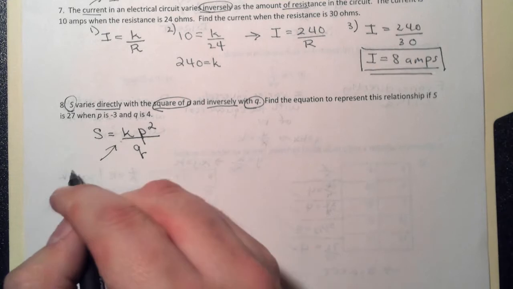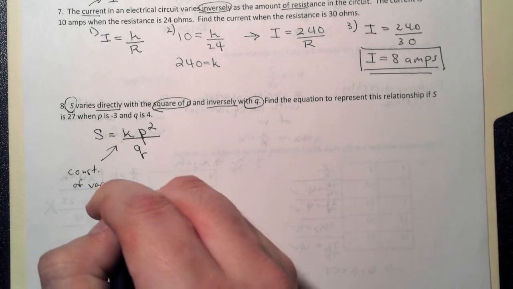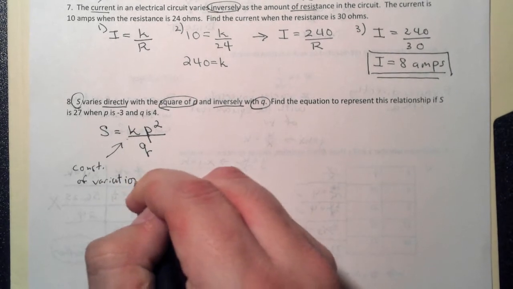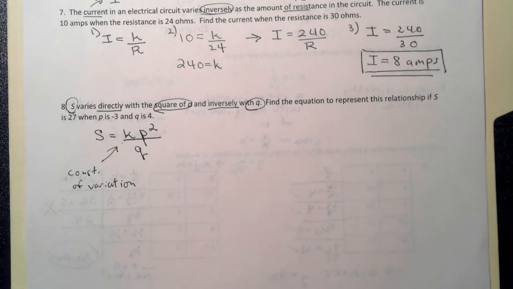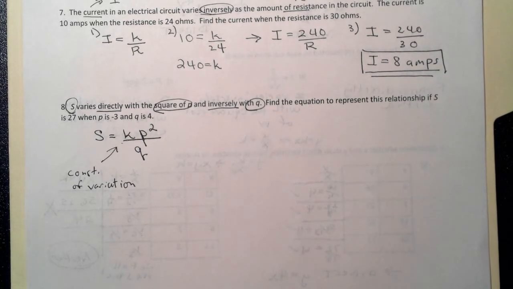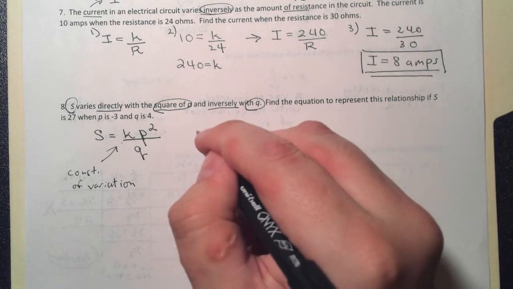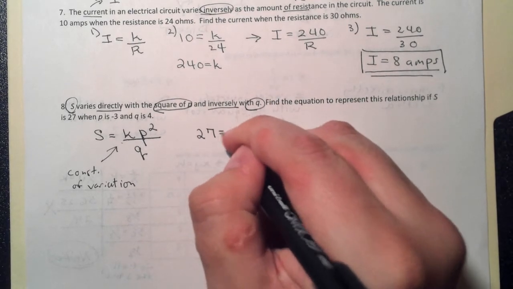K is my constant of variation. S varies directly with the square of P and inversely with Q. I want to find an equation to represent the relationship if S is 27 when P is -3 and Q is 4. So I'm going to plug those values in.